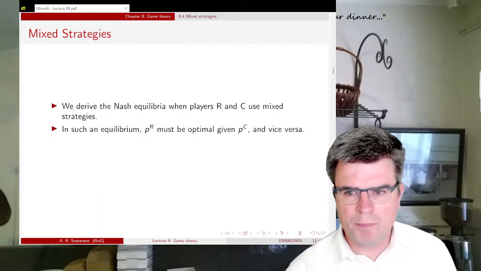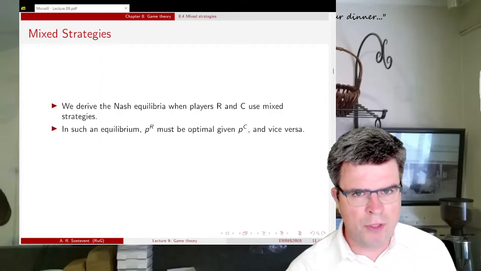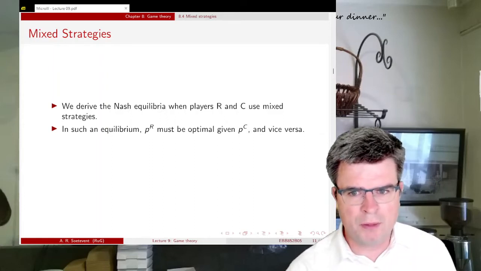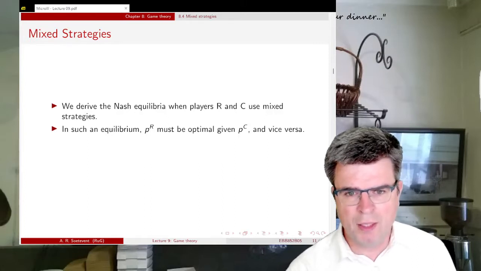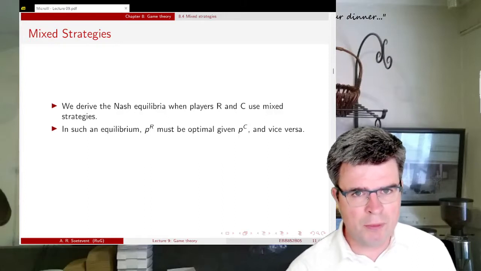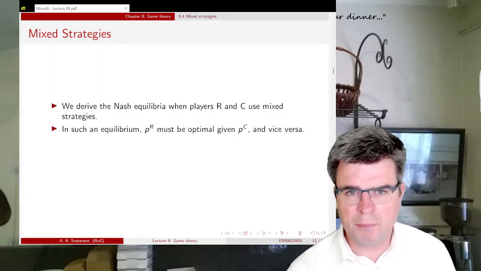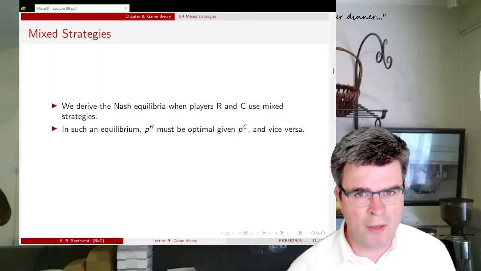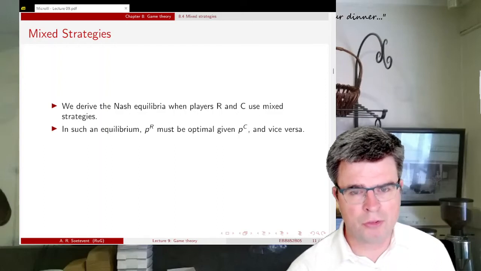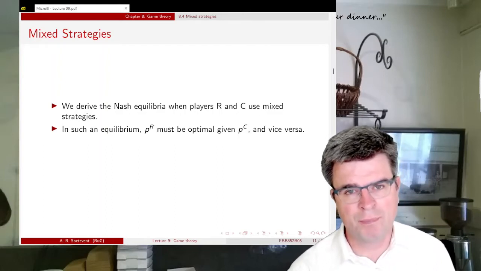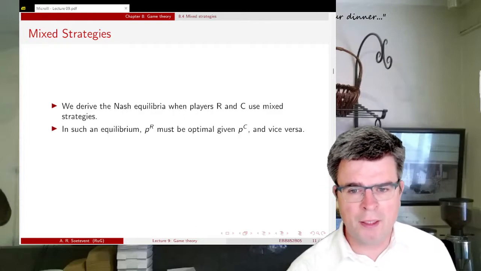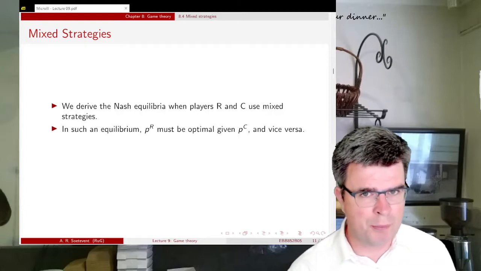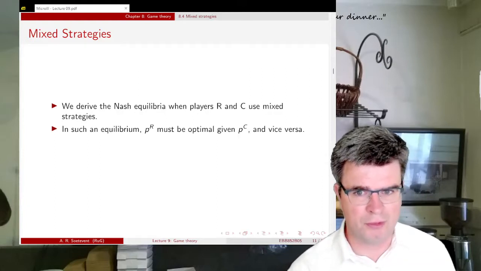Okay, so now deriving the Nash equilibria in mixed strategies in this game. The fundamental idea of the Nash equilibrium remains the same. So if a pair of strategies is an equilibrium in mixed strategies, then it must hold that the choice of each of the players is optimal given what the other player does.